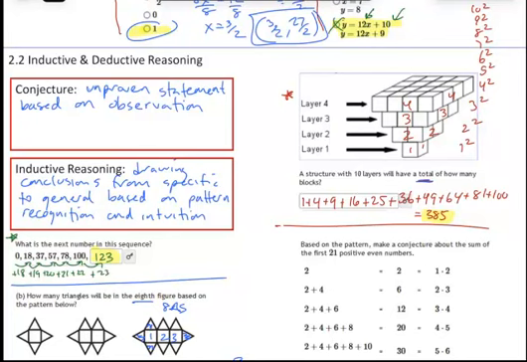Be aware of that. Make sure that you have the correct version of that question when you enter your answer, that you're not just labeling the number of blocks in the layer, but the total. Or if it's just asking you for the number in the layer, you're not putting in the total. Okay, but that is the pattern that would give you your solution.